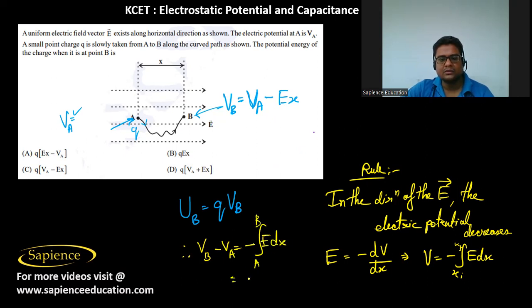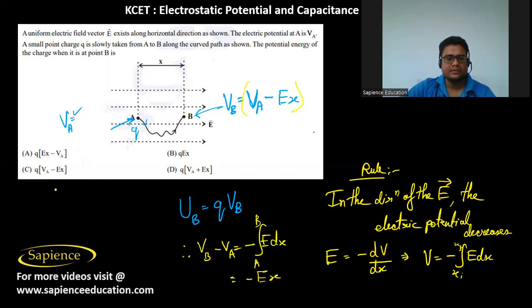E is constant, so it comes outside of the integral, and we get XB minus XA, which will be equal to X only. Here it is told that the distance between B and A is X. So VB is VA minus EX.